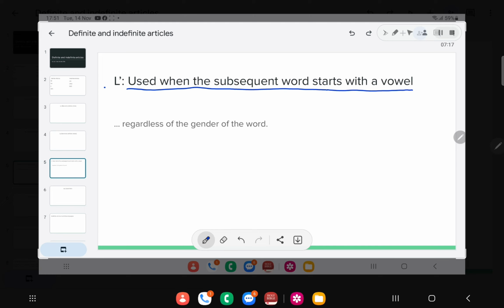And this l' is used regardless of the gender of the word. Provided that the next word starts with a vowel sound, you must use l'. For example, if I wanted to say the animal, this will be l'animal. L apostrophe because animal starts with a vowel sound.